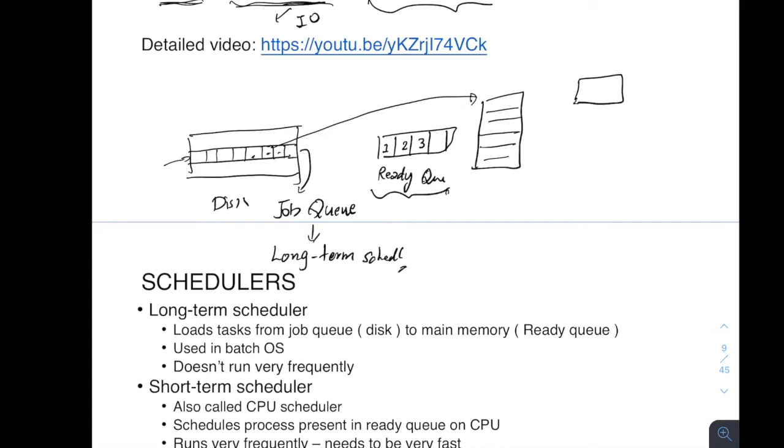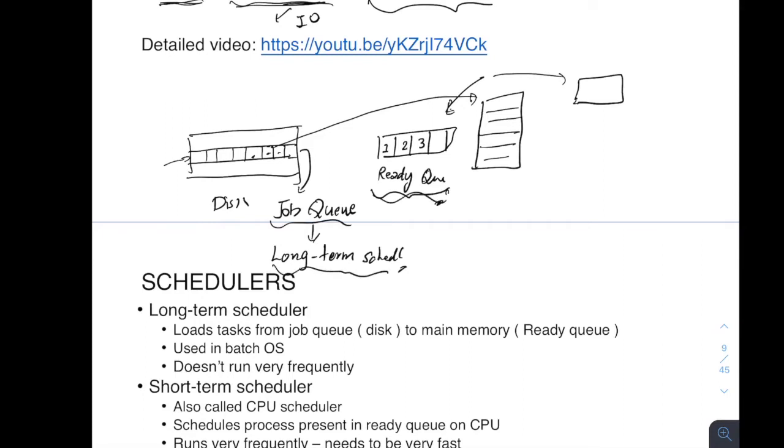Now the scheduler actually only deals with this ready queue. This is called ready queue, and this scheduler will now pick the processes from this ready queue and schedule them on the CPU. Now you got my point, right? So this is a job queue that is there on the disk, and long-term scheduler is associated with this.